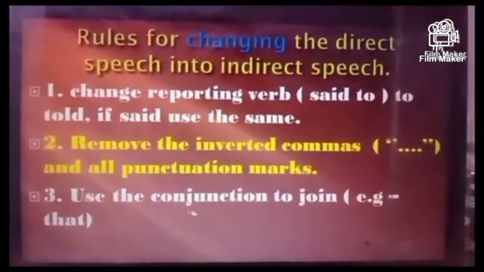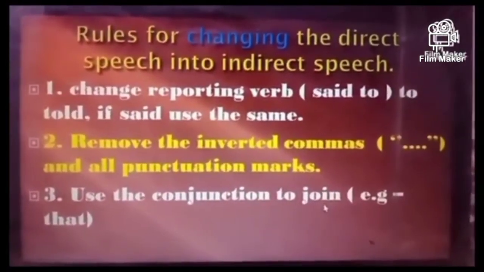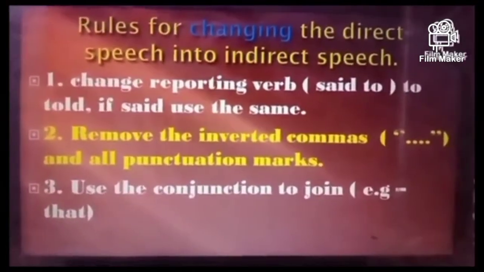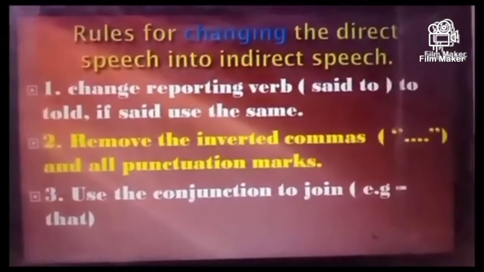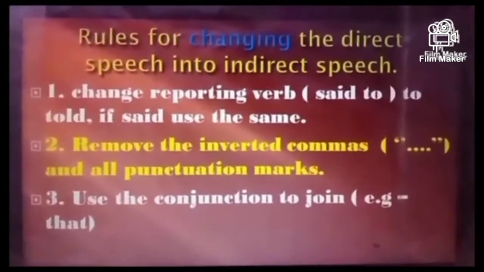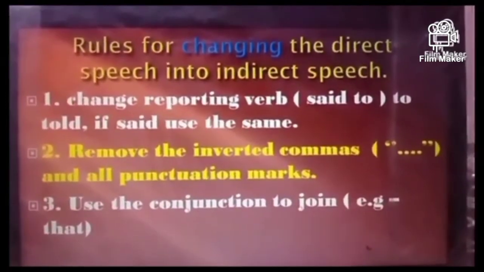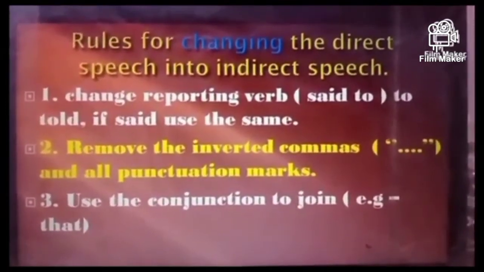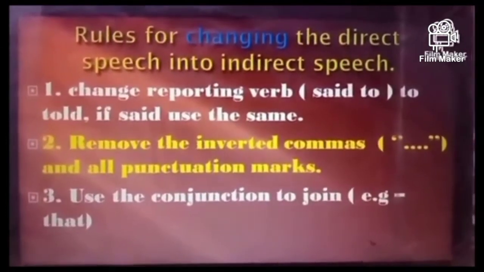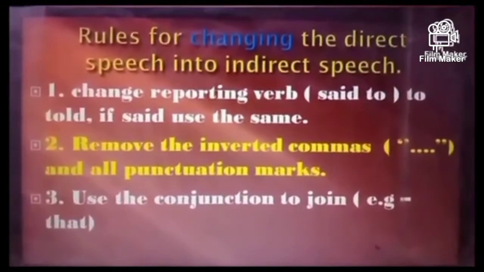Next, use a conjunction to join. For example, we can use the conjunction that, but that is not used in all cases. This is just an example. When we study next, you'll understand, according to the tenses and the sentence pattern, what type of conjunctions we need to use.